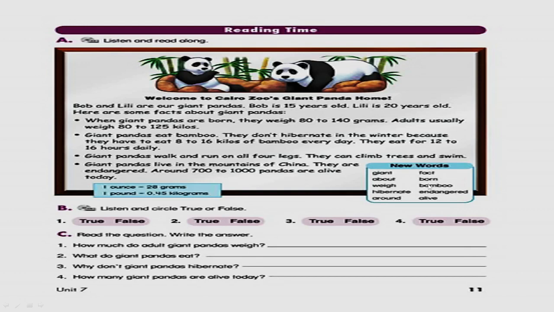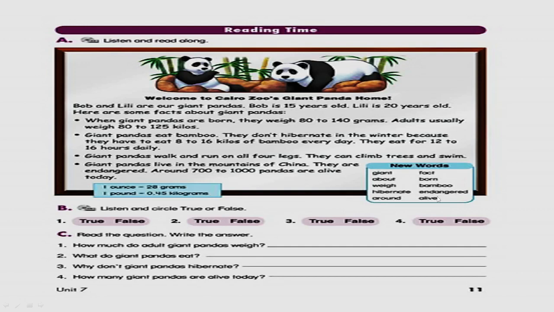Born, the past form of the verb bear, which means to give birth to a baby. Bamboo is a kind of grass which is eaten by pandas. It's the main type of food that pandas eat.